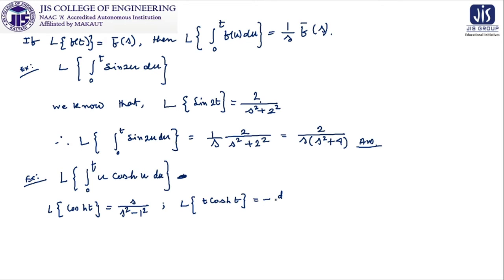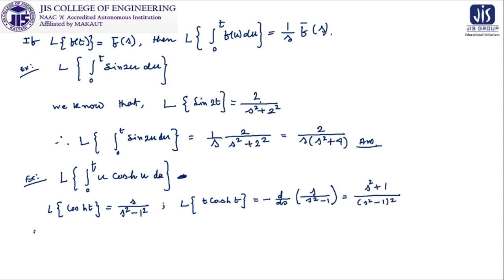So we can apply the formula: minus d/ds of s by s square minus 1. Differentiating this and simplifying, we get the result as s square plus 1 by s square minus 1 whole square.